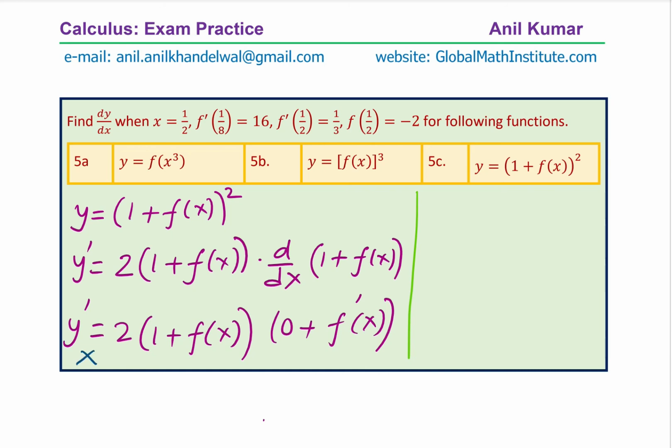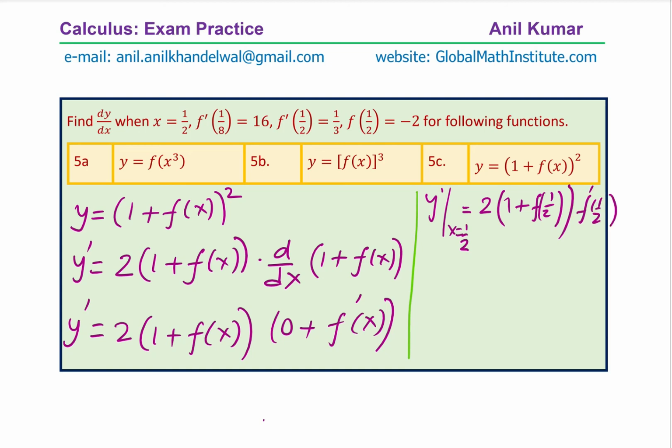We have y prime at x equals half equals 2 times, within brackets, 1 plus f of half, times f prime of half, correct?